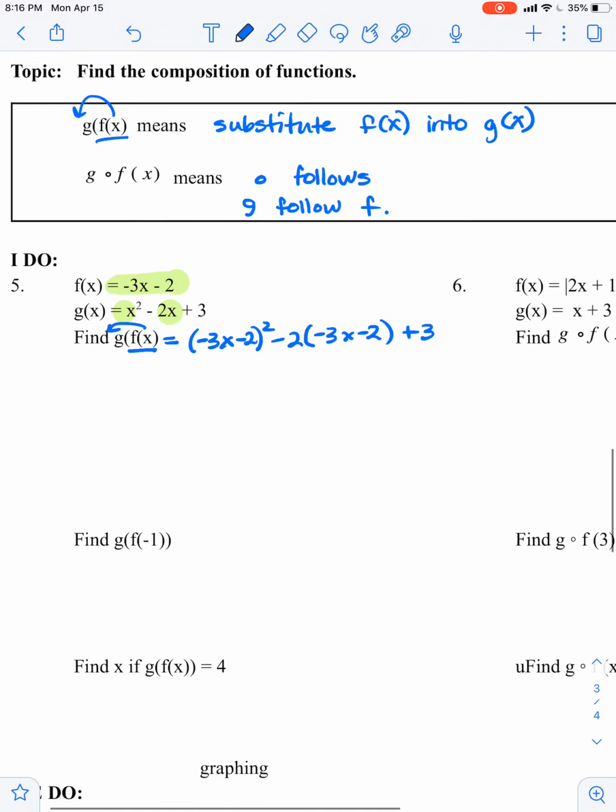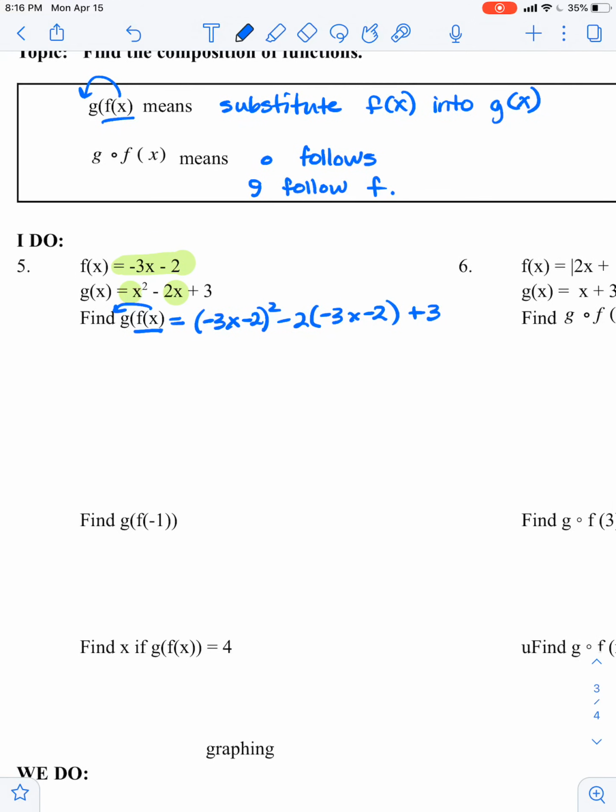Now, the next step, same as we did before, it wants g of f of negative 1. So we've already done the problem, and I'm just going to go ahead and rewrite that: negative 3x minus 2, squared, minus 2 times x plus 3. Again, this was an x, and this is in the same spot.